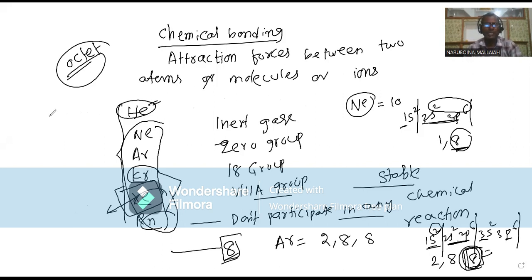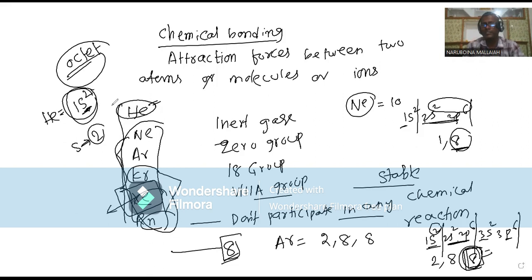Next, helium. The other elements have 8 electrons in their outermost orbit. Helium has only 2 electrons, only one orbit, which is the s orbit. In the s orbit there is accommodation for only 2 electrons, so it is completely filled.